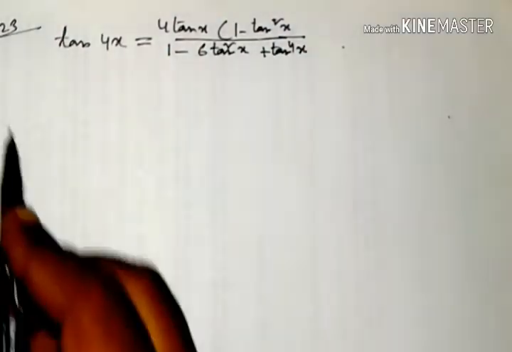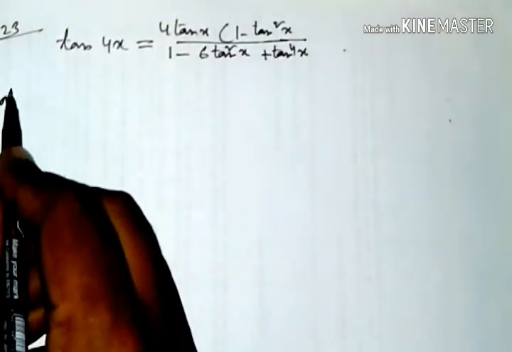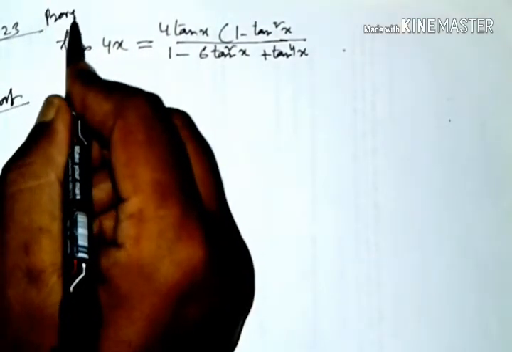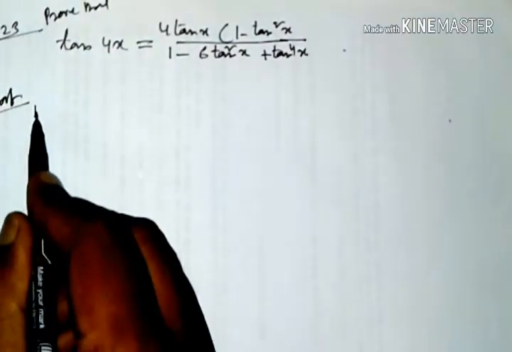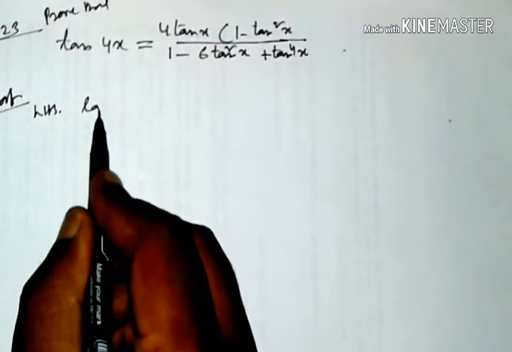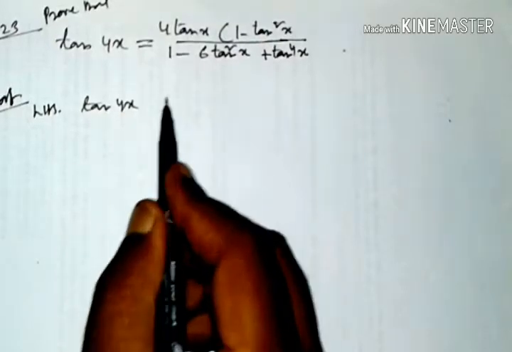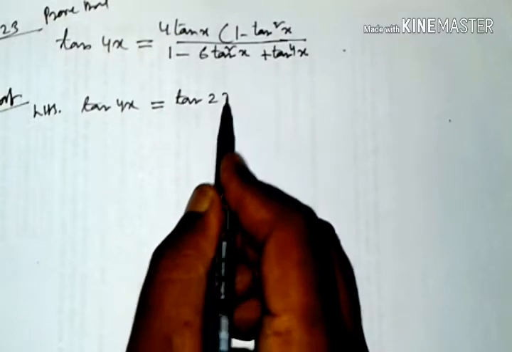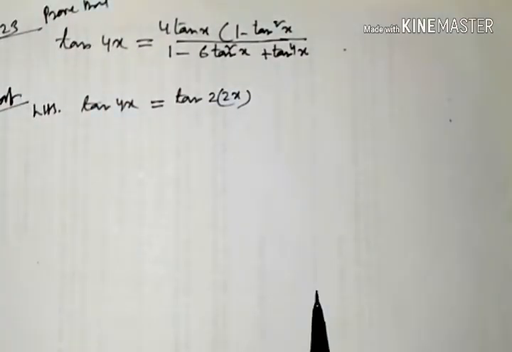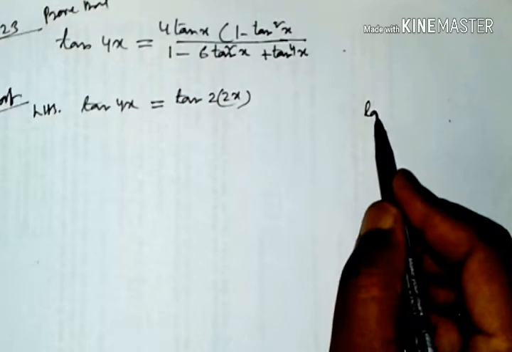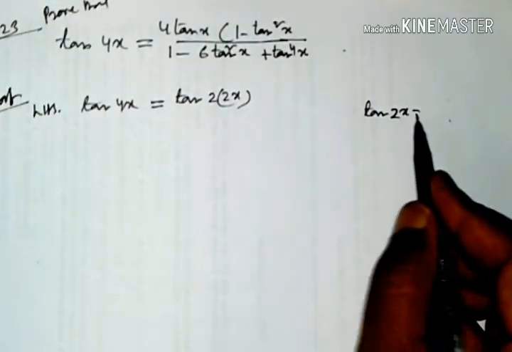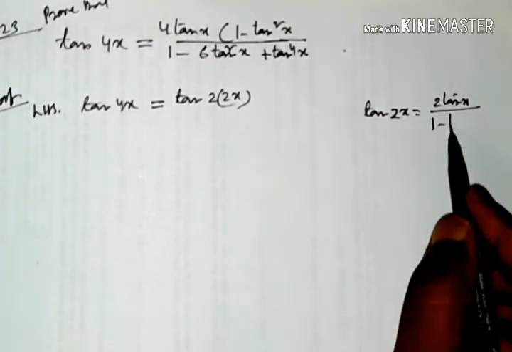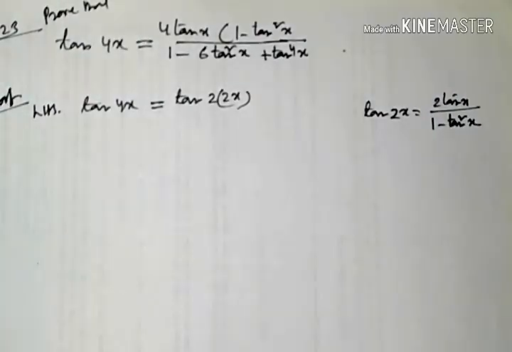Now prove that. LHS: tan 4x we can write as tan 2 times 2x. We know the formula, tan 2x is equal to 2 tan x divided by 1 minus tan square x.